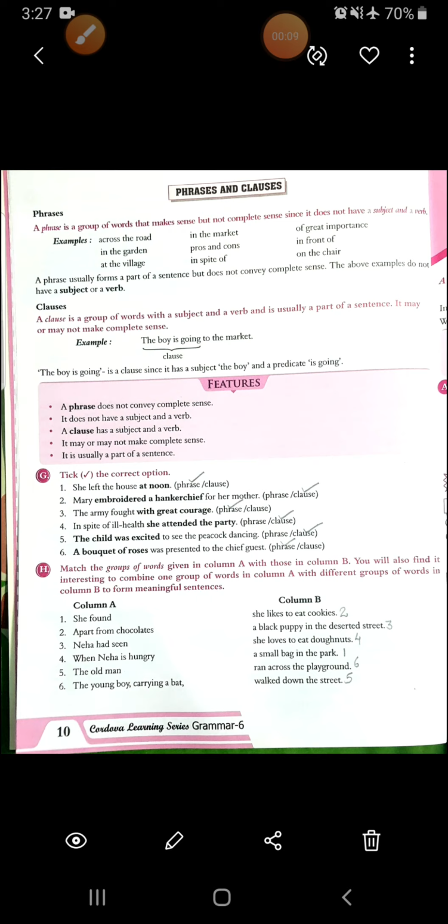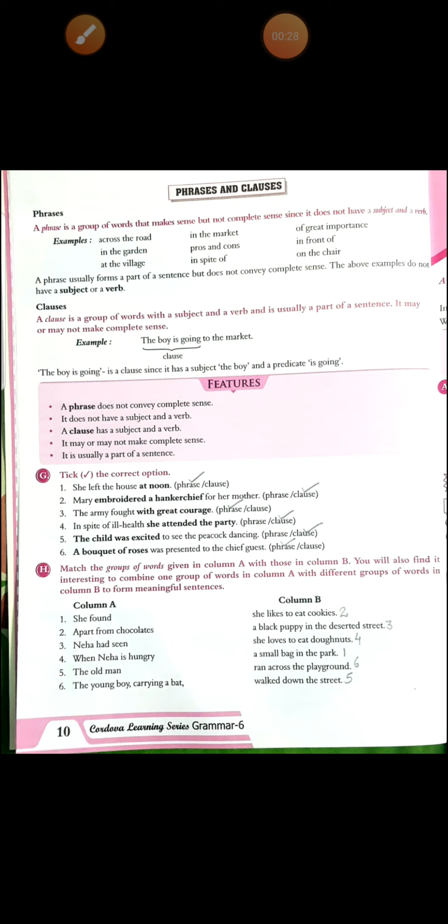I have told you that sentences are a group of words that makes complete sense. This is what I told you about sentences. And how many types of sentences are there?